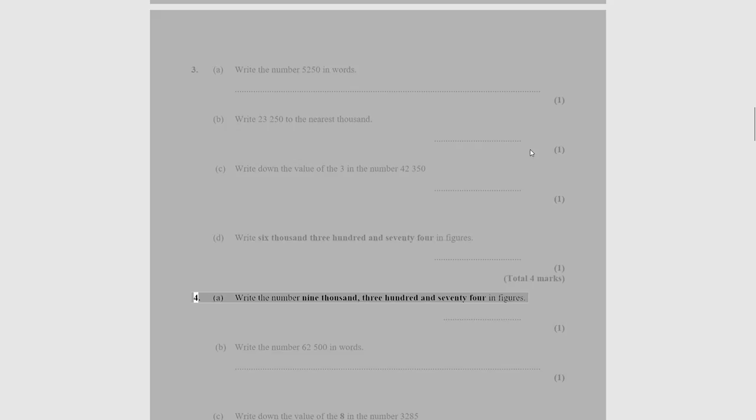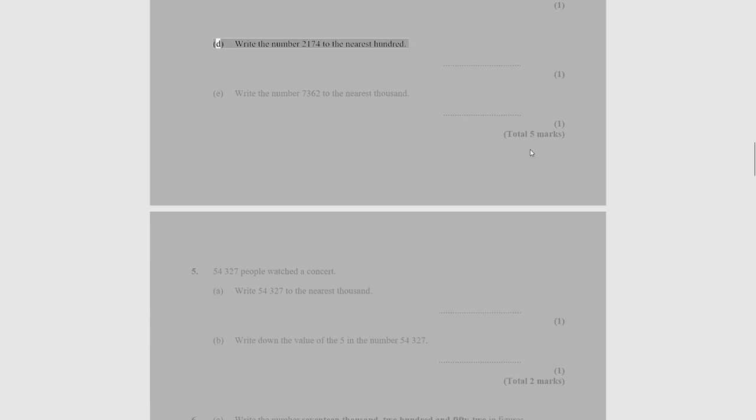4a. Write the number 9,374 in figures. 4b. Write the number 62,500 in words. 4c. Write down the value of the 8 in the number 3,285. 4d.